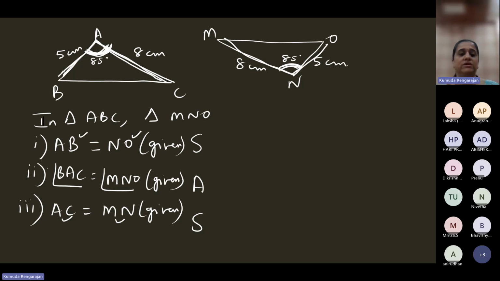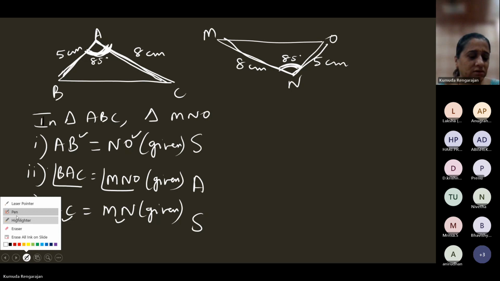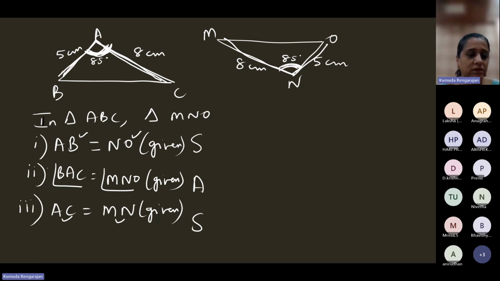So now how to name the triangles in the correct order? You can make use of these two equalities we have: AB and NO, and AC and MN. These are the equalities of the sides.